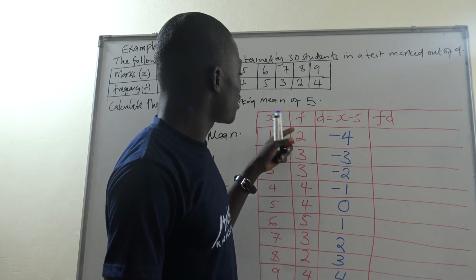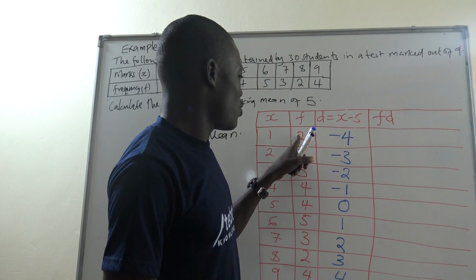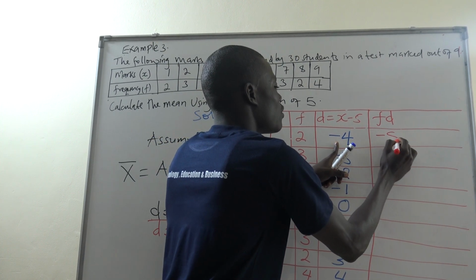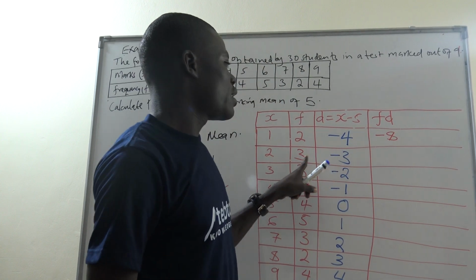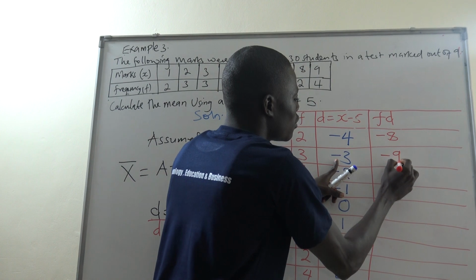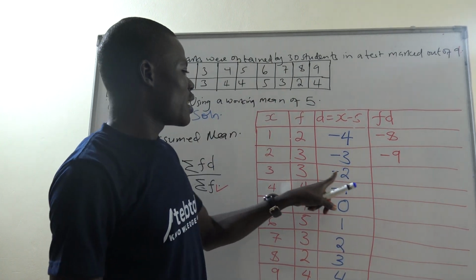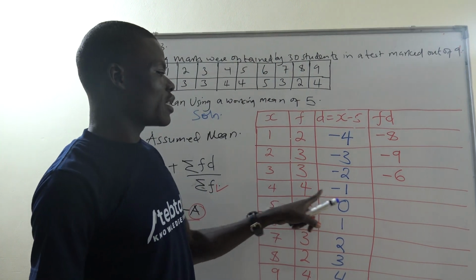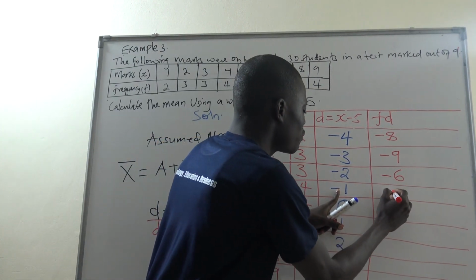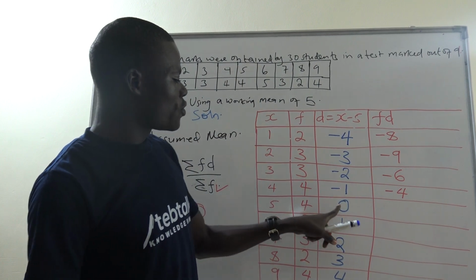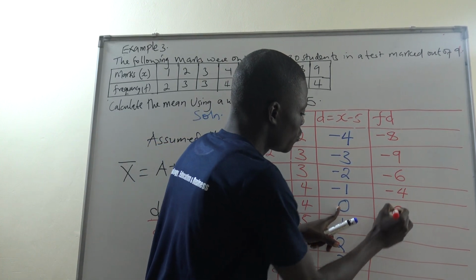So here our first frequency was 2, then we shall get 2 times negative 4, we have negative 8, 3 times negative 3, we shall get negative 9, 3 times negative 2, we shall get negative 6, 4 times negative 1, we shall get negative 4. Then 4 times 0, we shall get 0.